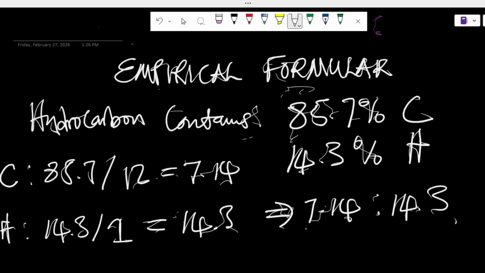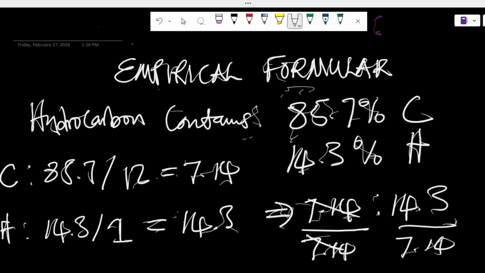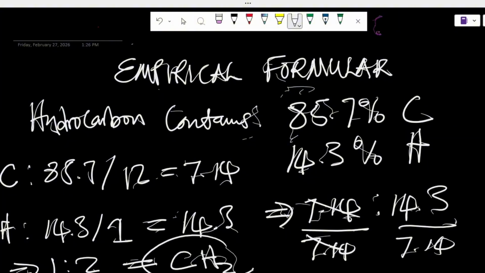Now when you divide by the smallest, 7.14, and here is 7.14, this is going to go into that once, and then you're going to have the ratio of 1 to 2. Now the 1 is for carbon and the 2 is for hydrogen, which means that you're going to get carbon and then 2 hydrogens. So this is the empirical formula for you.